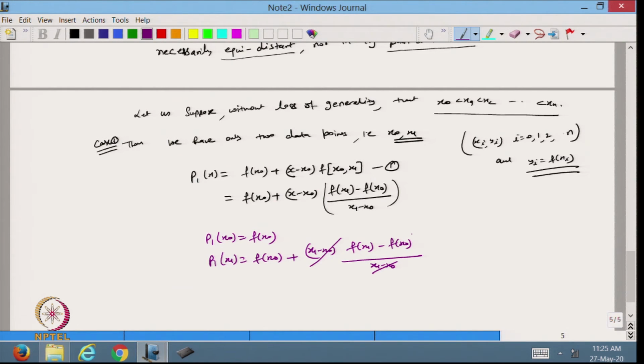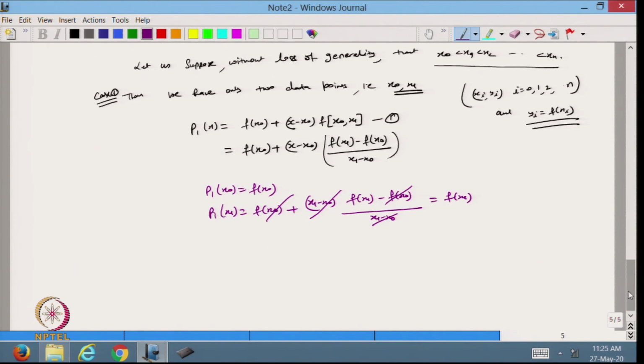So, this will cancel out, this will cancel out, and that will be f of x1. So, based on this, p(x0) is f(x0), p(x1) is f(x1), so it is the interpolating polynomial passing through these 2 points. So, this is a linear interpolating polynomial p1(x).